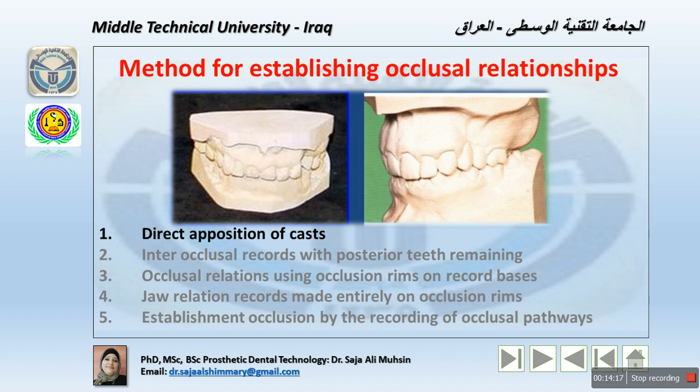This method is used when sufficient opposing teeth remain in contact to make the existing jaw relationship obvious, or when only a few teeth are to be placed on short denture bases and no evidence of occlusal abnormalities is found. So the direct opposing of casts will be established with few missing teeth.